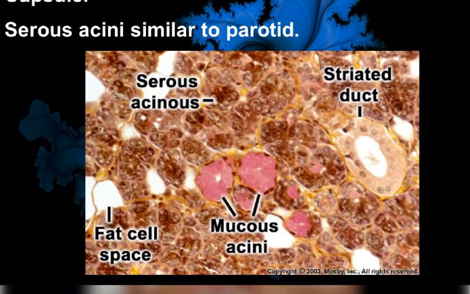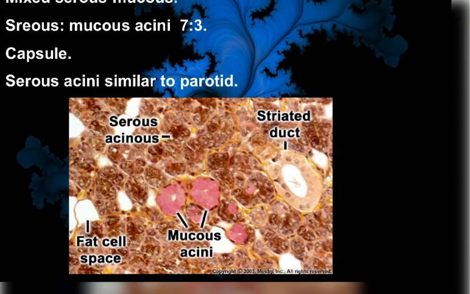This is a section of the submandibular gland. This stain is different from the eosin hematoxylin stain. In this stain, we see the mucous cells, or the mucous secretory end pieces, stained pink in color, while the serous cells, or serous secretory end pieces, are stained brown.